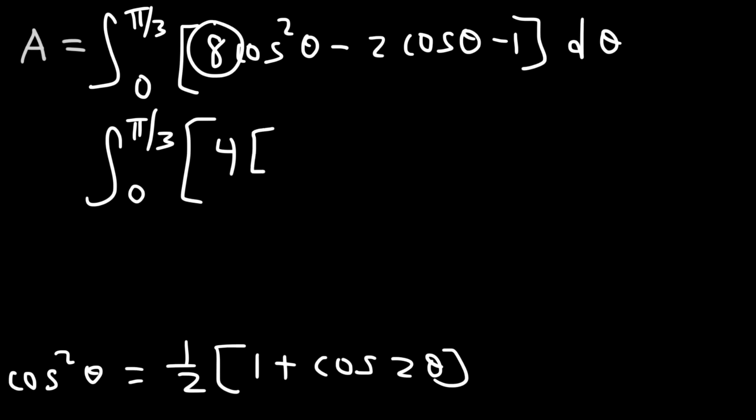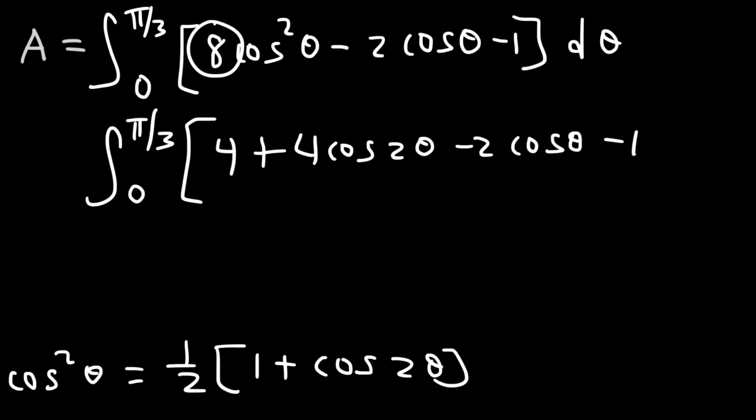So it's 4 times 1 plus cosine 2 theta. And distributing that 4, we're going to have 4 plus 4 cosine 2 theta minus 2 cosine theta minus 1. And now we have 4 minus 1, which we can make that 3.